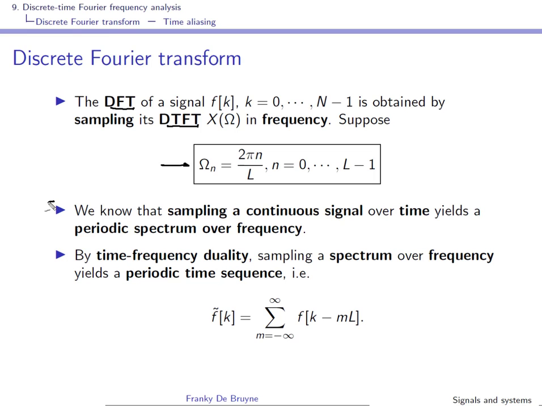We knew already from previous sections that sampling in the continuous time case yields a periodic spectrum over frequency, and we have just seen that when we sample over frequency, as is done over here, what will be obtained is a periodic time sequence by the inverse discrete Fourier transform, and this is what is shown over here.